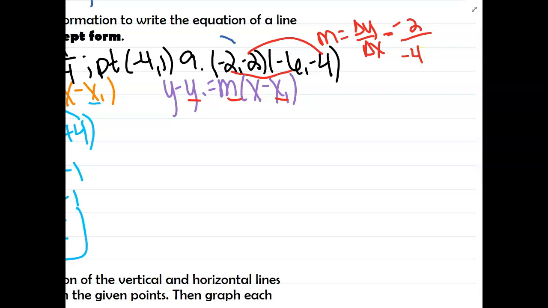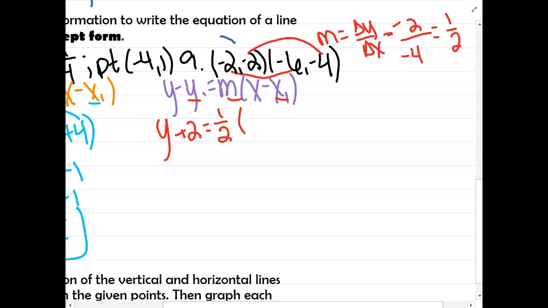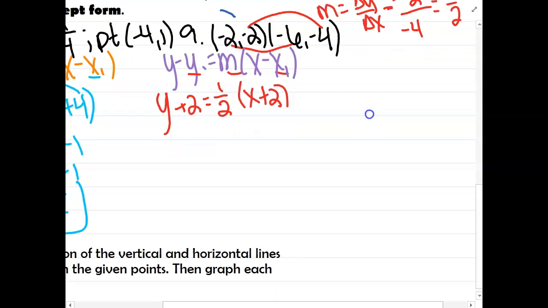A negative over a negative is a positive, and then 2 over 4 would be 1/2. Now you have to pick one of your points. I might pick -2, -2, just because it's the same number. We're going to do y minus a -2 would be y plus 2. My slope we found is a positive 1/2. And then x minus a -2 is also going to be a plus 2.